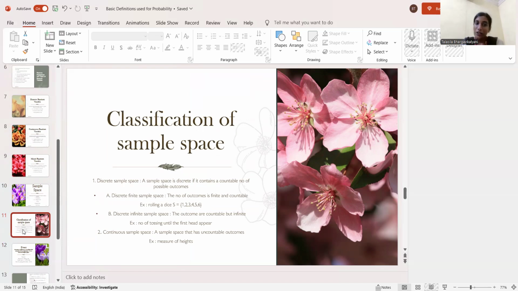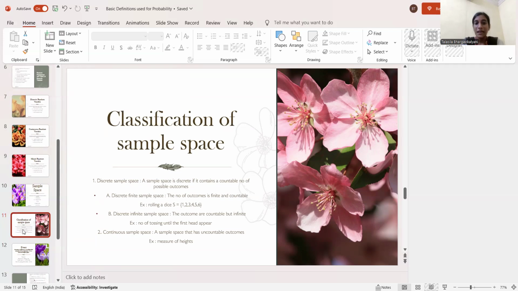In discrete, there are two types: discrete finite sample space and discrete infinite sample space. Discrete finite sample space means the number of outcomes is finite and countable, for example rolling a dice. In a discrete infinite sample space, the outcomes are countable but infinite in number, for example tossing a coin until the first head appears.